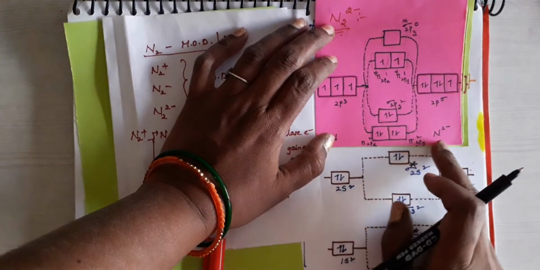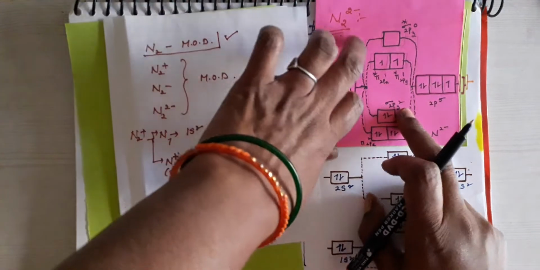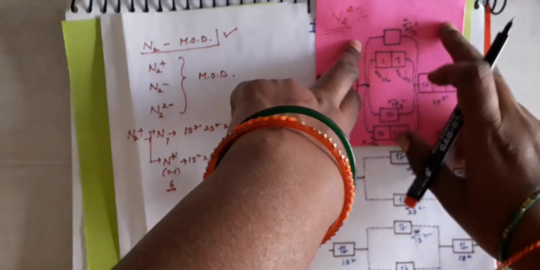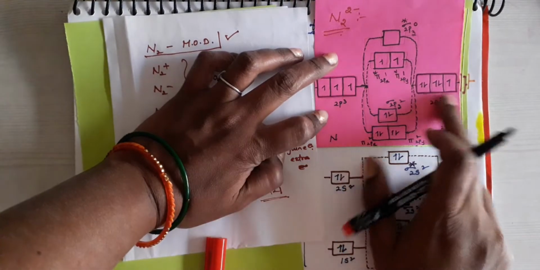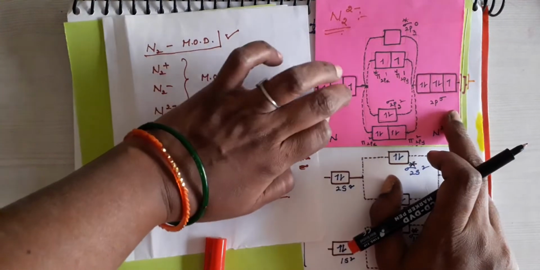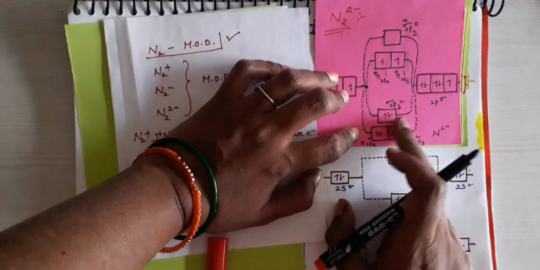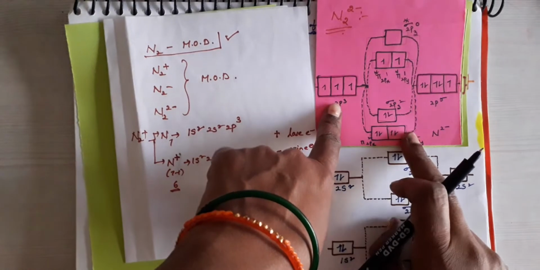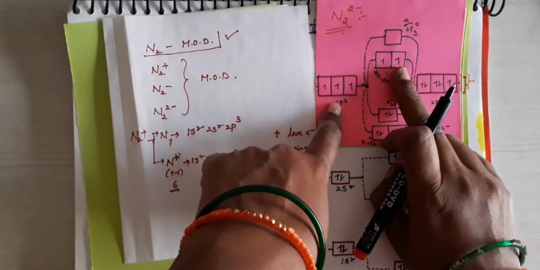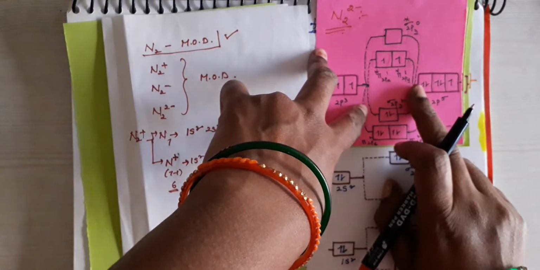The remaining are the same: pi 2px, pi 2py, sigma 2pz, pi star 2px, pi star 2py, sigma star 2pz. Now we fill the electrons: 3 plus 5 equals 8. Here 3 shells, 3 times 2 is 6, completed. From 8 we removed 6, and the remaining 2 move towards the anti-bonding side, like this: pi star 2px 1, pi star 2py 1.